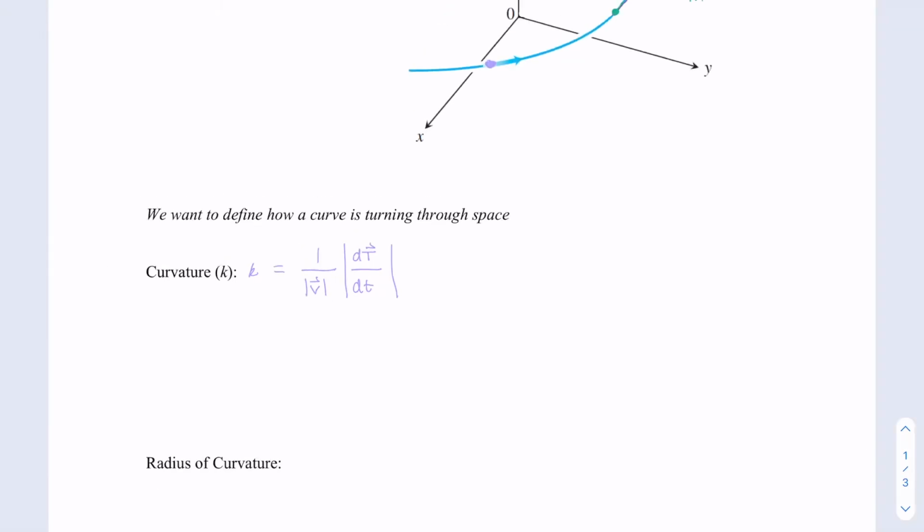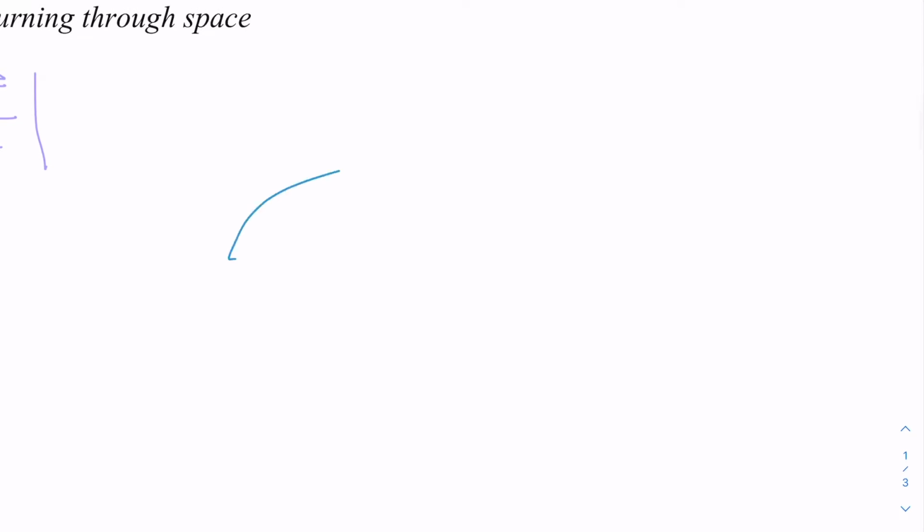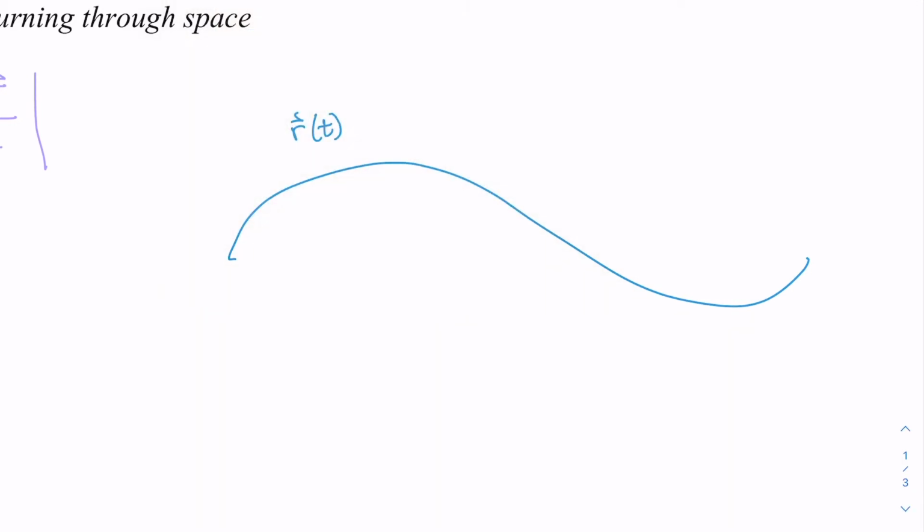And why that works is, if I were to draw an example curve over here, I'll make this a 2D curve. We'll call this some example position curve. Let me make the curvature of this more extreme.